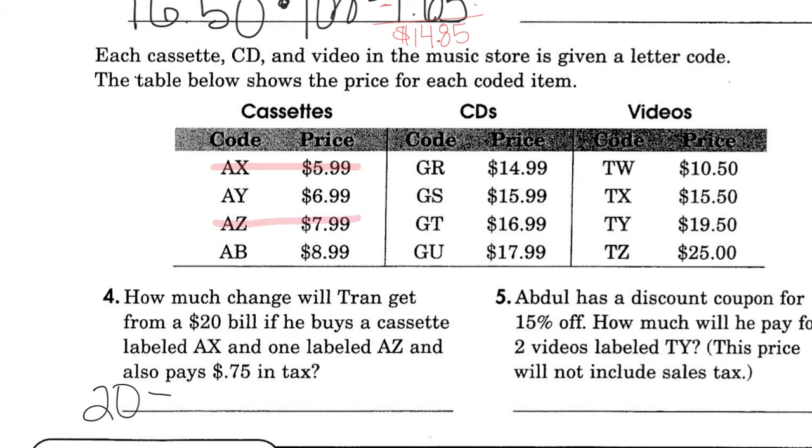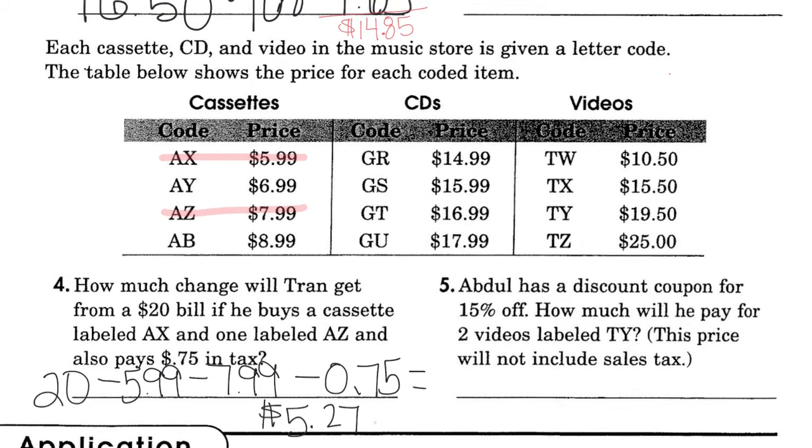All right. So on my problem, I'm buying one that's $5.99, and I'm buying one that's $7.99, and then I also pay 75 cents in taxes. So when I do that subtraction problem on my calculator, I end up with $5.27.